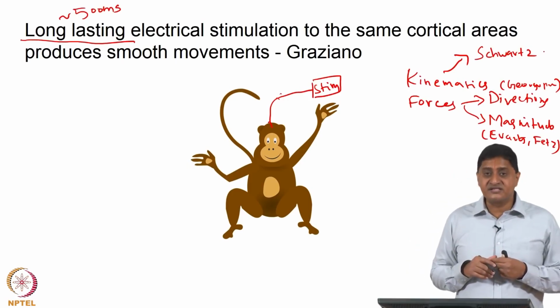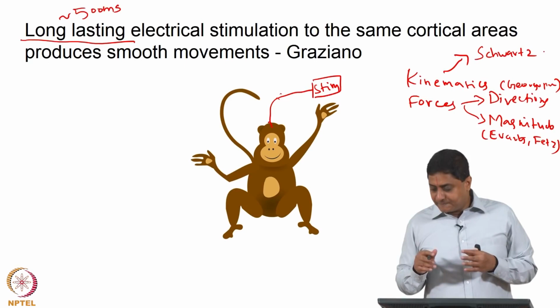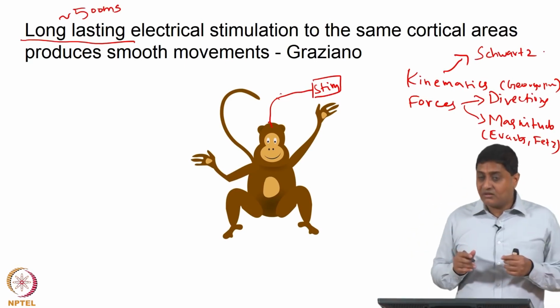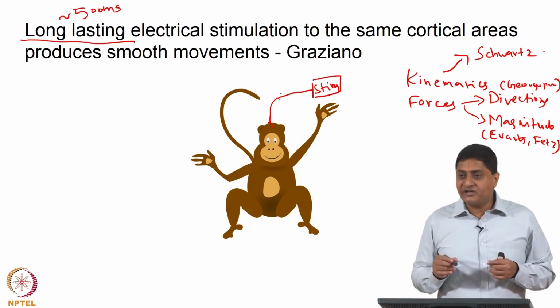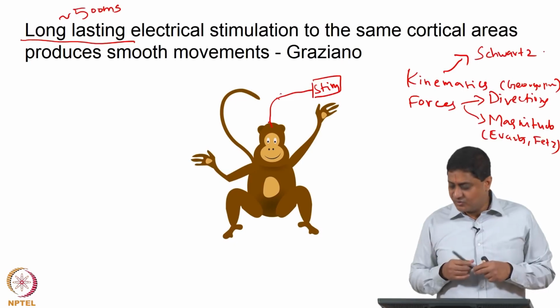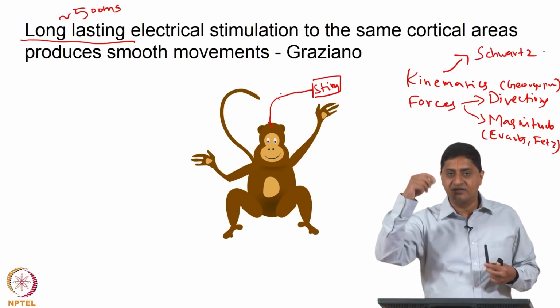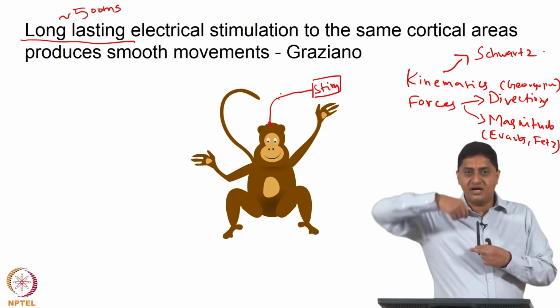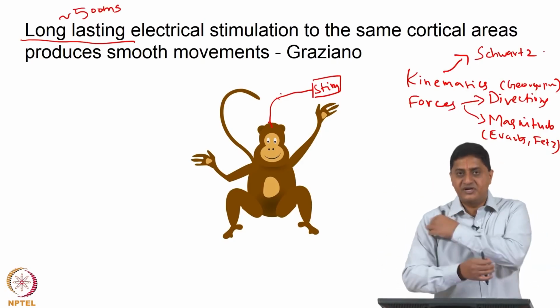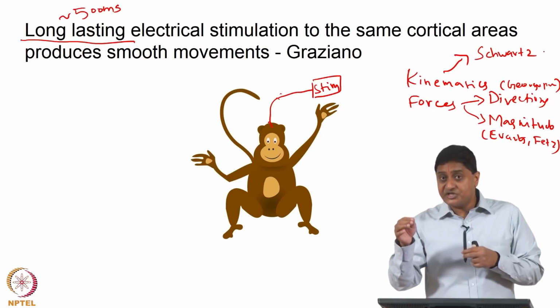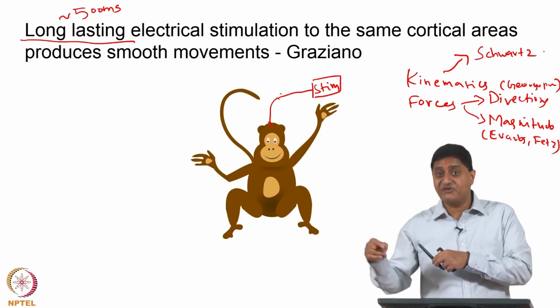This is an interesting idea, because movements are the result of activity of multiple muscles. So, when I am making that movement, for example, movement is happening at the wrist joint, at the elbow joint, at the shoulder joint, is it not so? Multiple joints, and within each joint multiple muscles are responsible for making that movement.